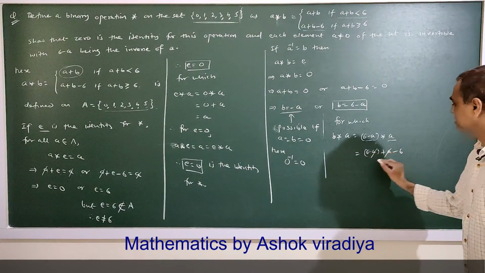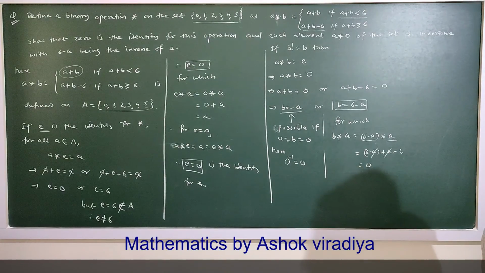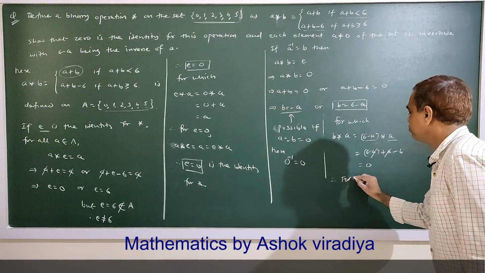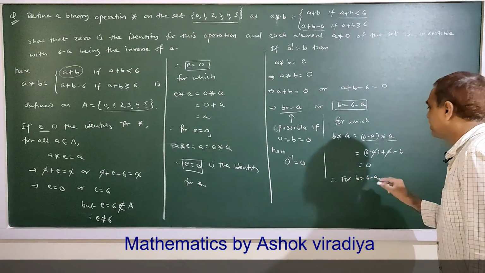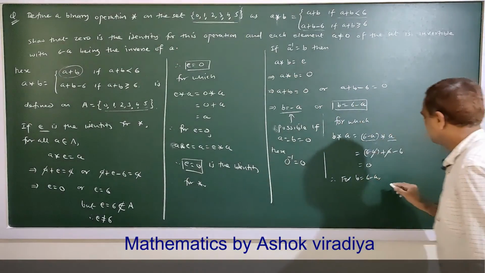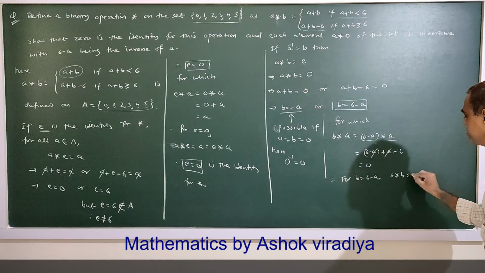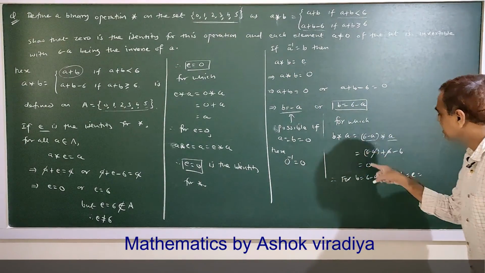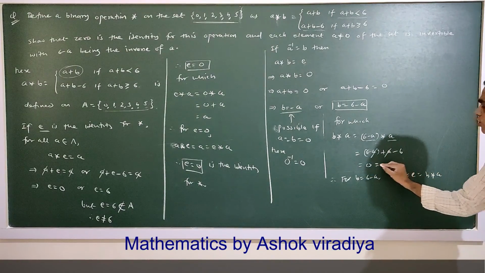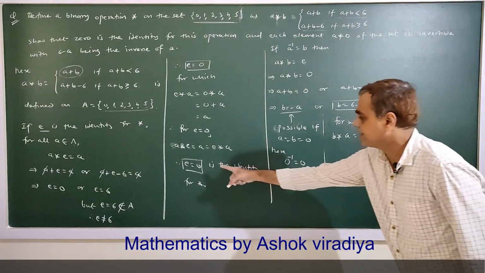So this is cancelled, so this is 0. Therefore, for B equal to 6 minus A, A star B is E, and B star A is also E. So for both the cases we are getting identity.